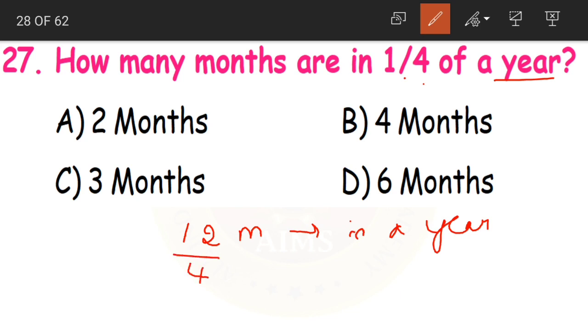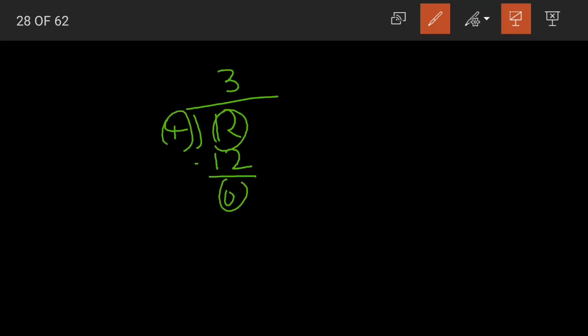Yes or no? Yes, we have to divide it into 4 parts and each part is equal to our 1/4. So dividing means we have to use the operation division here. 4 threes are 12. When we subtract, 0 is our remainder. So 1/4 of 12 months is 3 months.